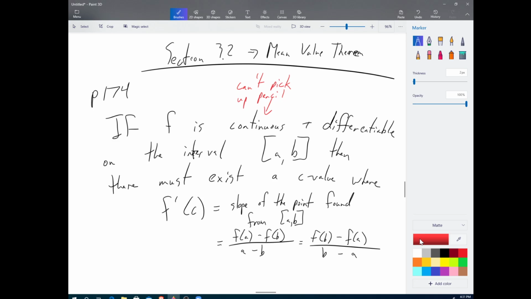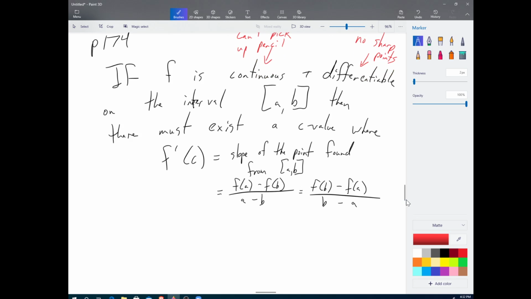If it's got a hole, doesn't count. It's got to be a continuous smooth function, and smooth here, that's where this comes into play, cannot have any sharp points. This theorem just falls apart if either of those things are true. So we're being specific about they can't be true for this to happen.